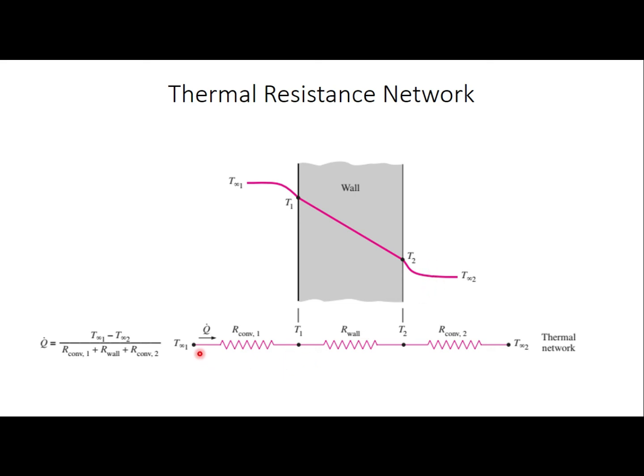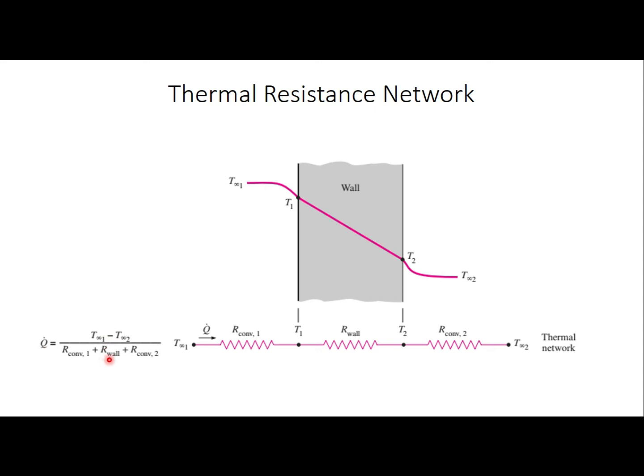So there are three different kinds of resistances if the heat is transferred from T infinity 1 to T infinity 2. What we have studied in previous slides is that the rate of heat transfer is directly proportional to the temperature difference and inversely proportional to the resistances.